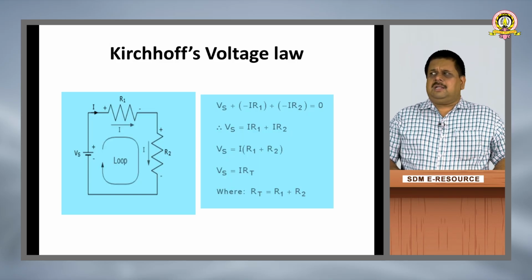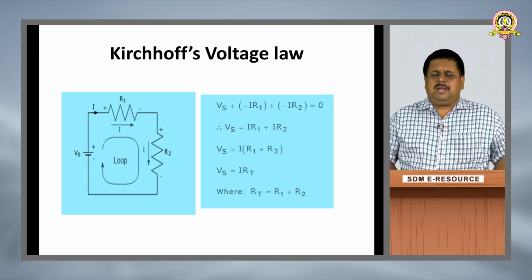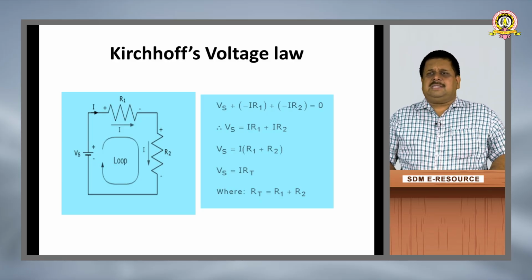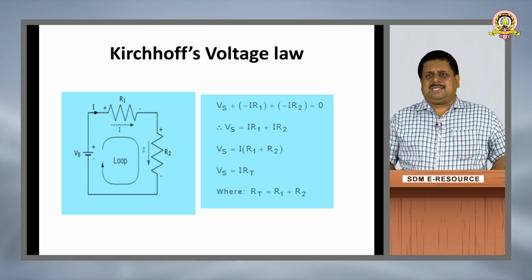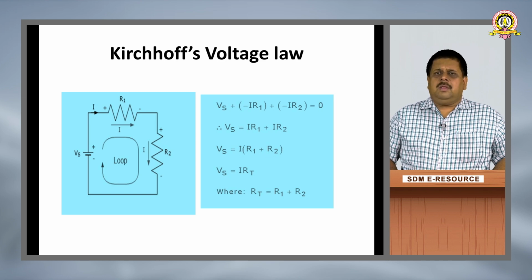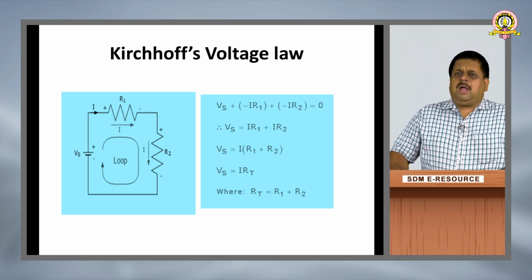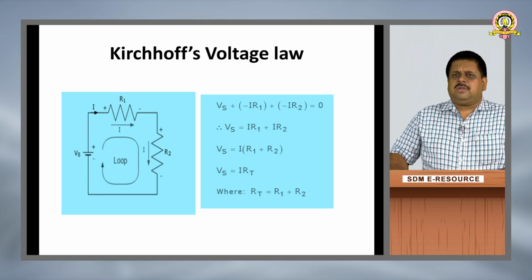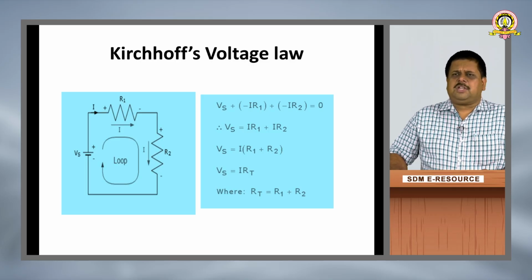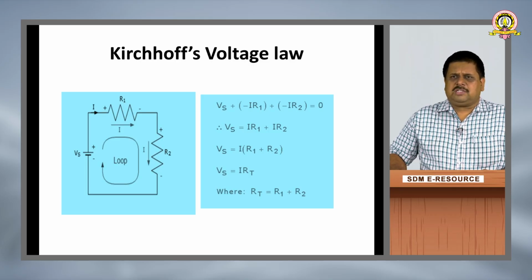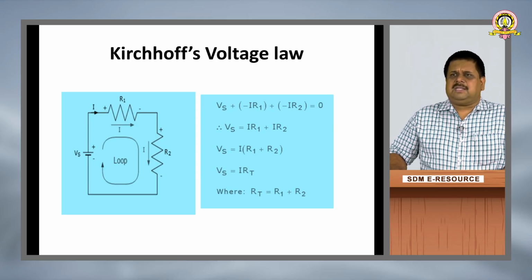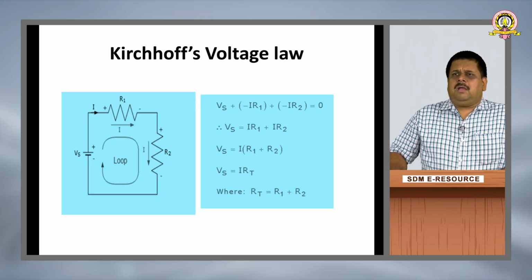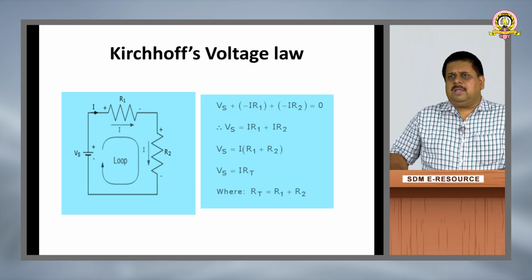Let us consider the circuit here, which consists of two resistances R1 and R2. Now, when we apply Kirchhoff's law for the first loop, we get Vs minus I into R1 minus I into R2 equal to 0.